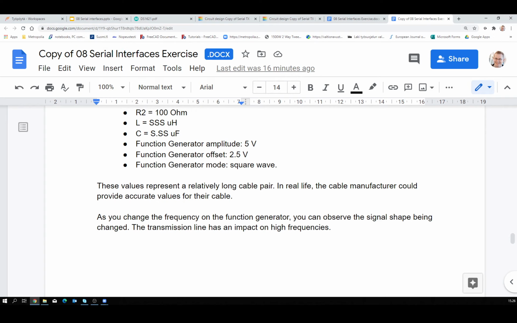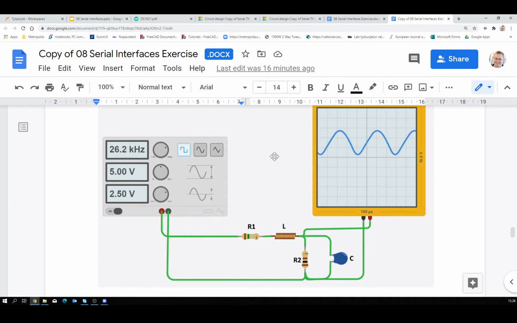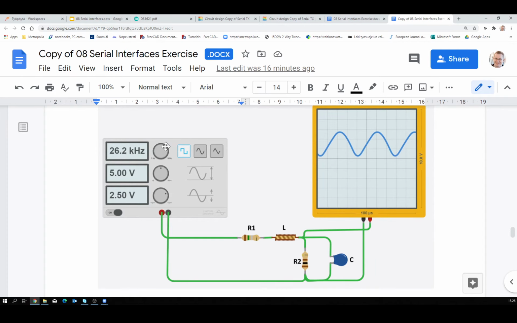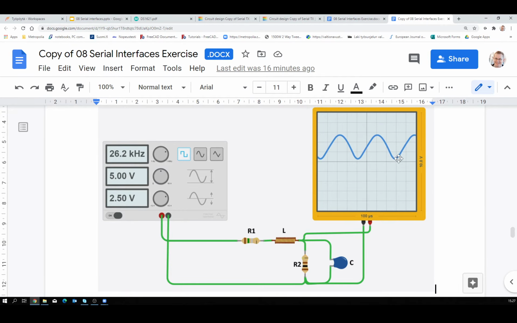Okay, if you need more accurate or realistic values, a cable manufacturer provides those in their data sheets. And if you do this and start changing the frequency, you actually will see the different waveforms on this end.